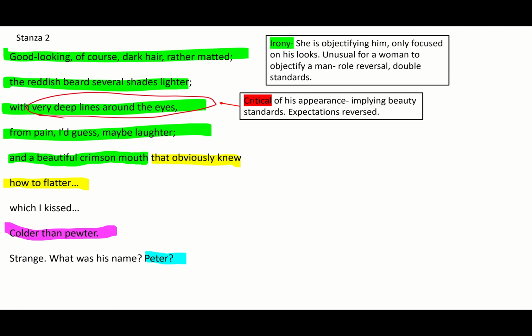So again, the expectations have been reversed here. Carol Ann Duffy's reversing the expectations on men and women. This woman is saying, oh, well, he's got some imperfections in his face there. She's being critical, which again, we're very used to that for women, but turning the tables, we're not so used to. So it's really drawing attention again to those double standards, those expectations on one gender and not the other.